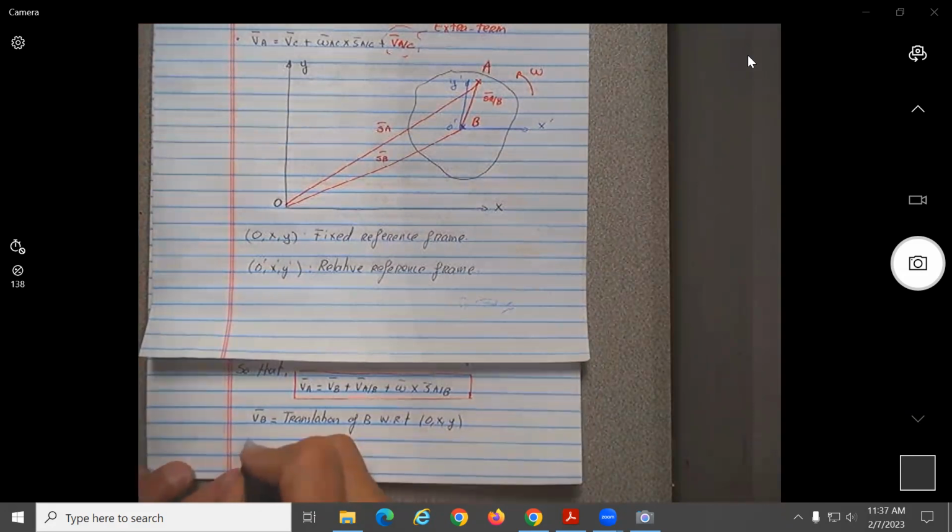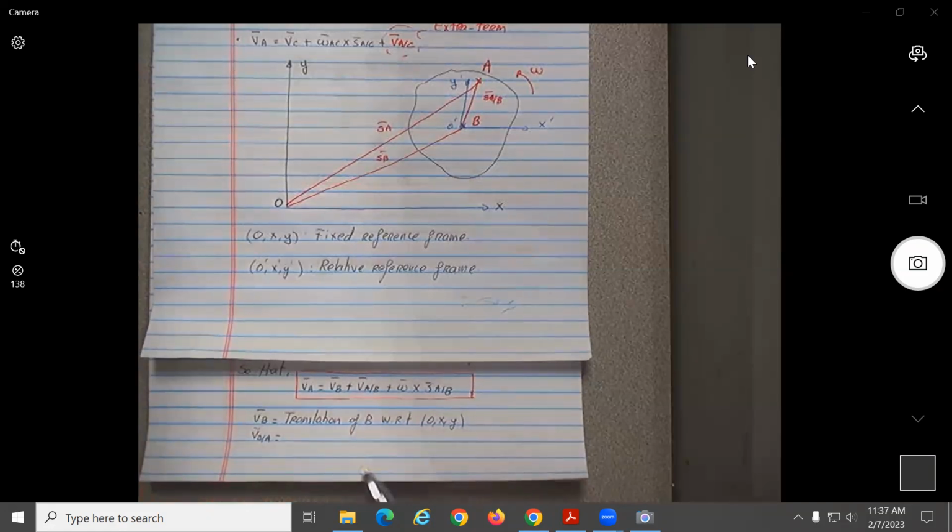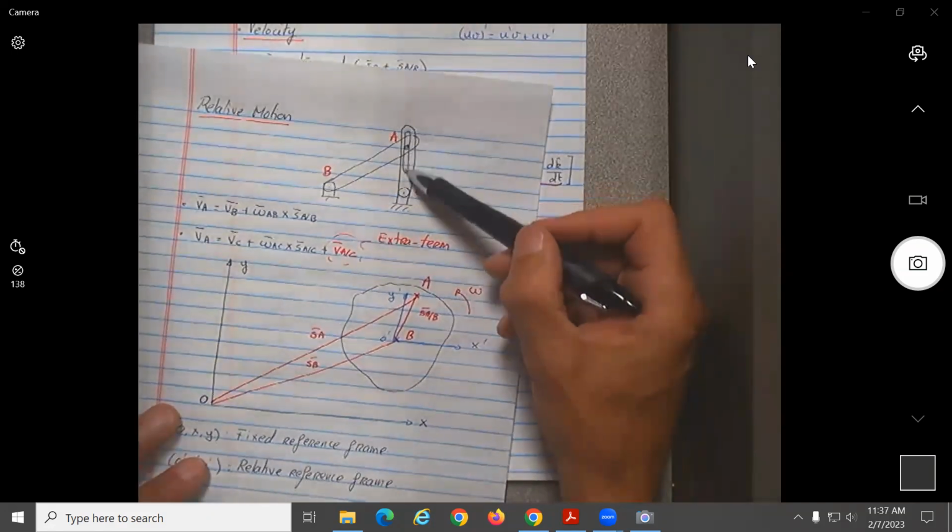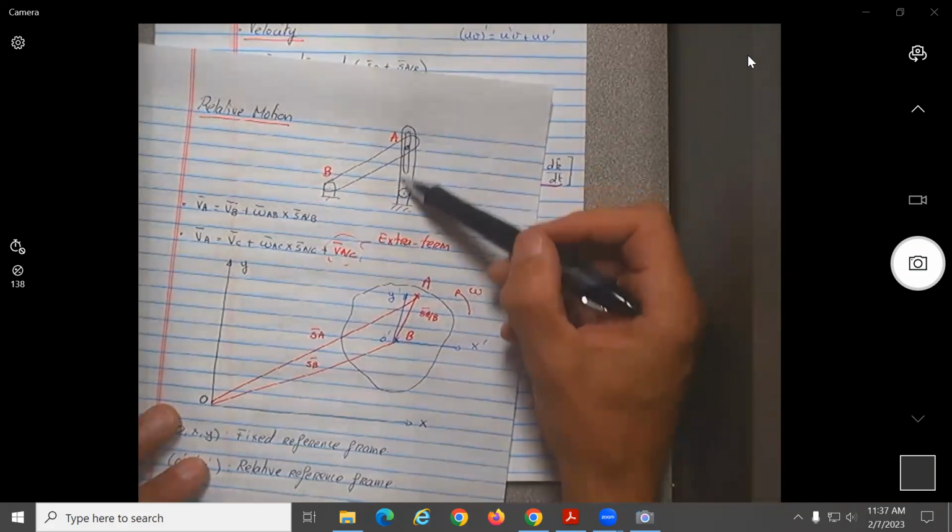Okay, now velocity of A with respect to B. What type of motion would that be? Would that be rotation or translation? Think about here the groove. This is moving in what? Translation.